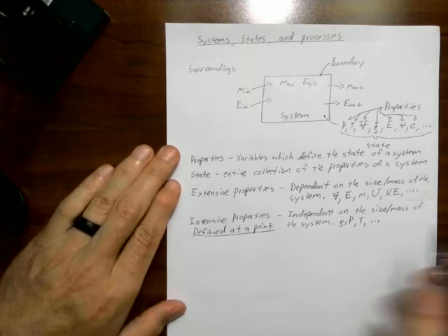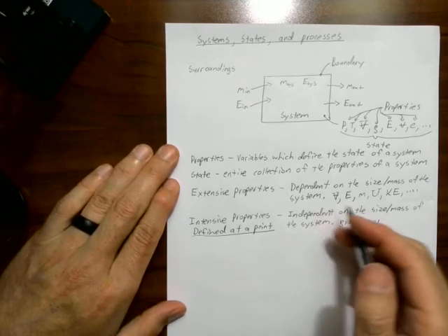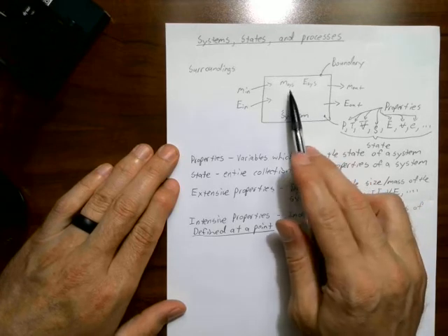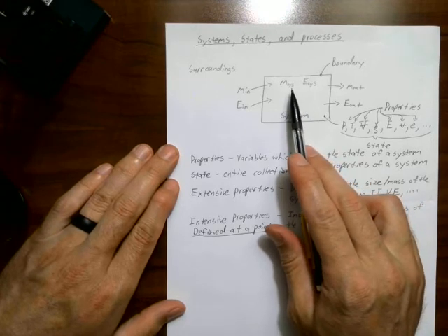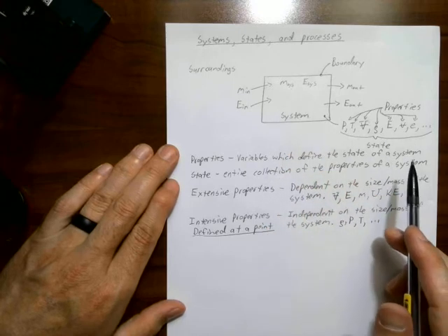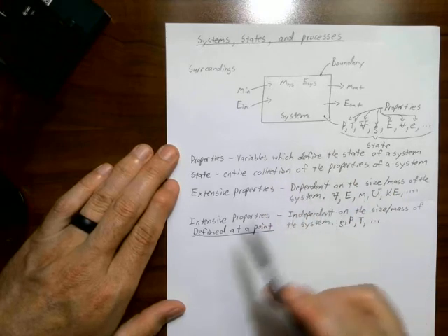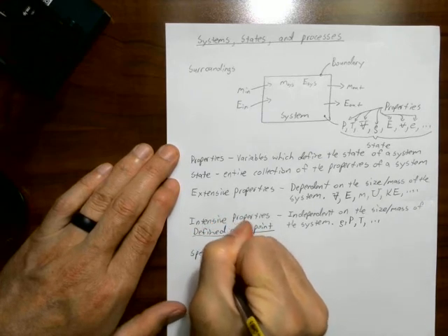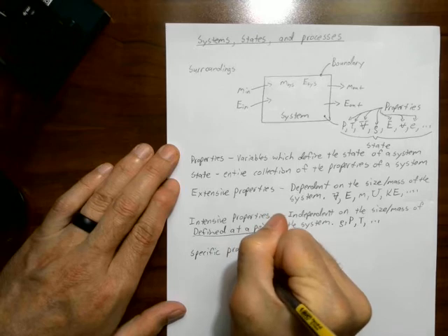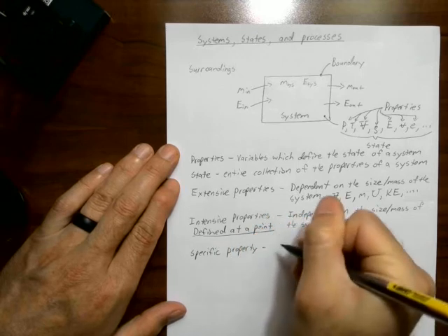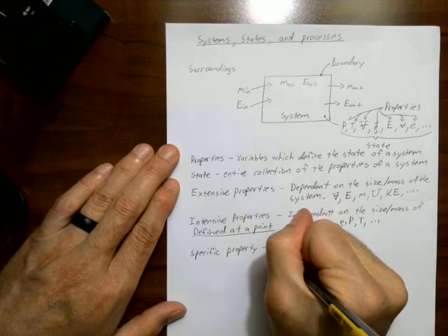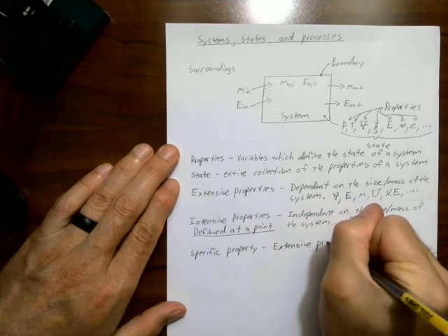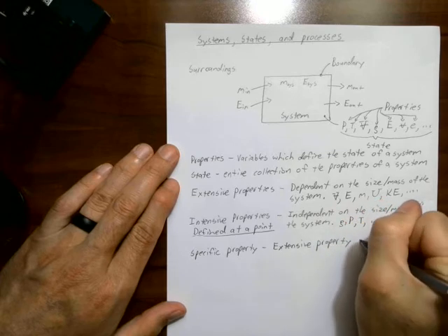Now I can take an extensive property, and if I express it on a per unit mass basis, it becomes an intensive property. So a specific property is essentially an extensive property per unit mass.